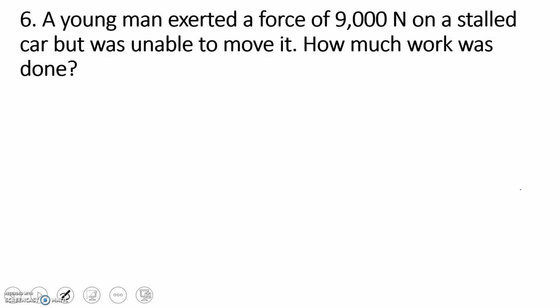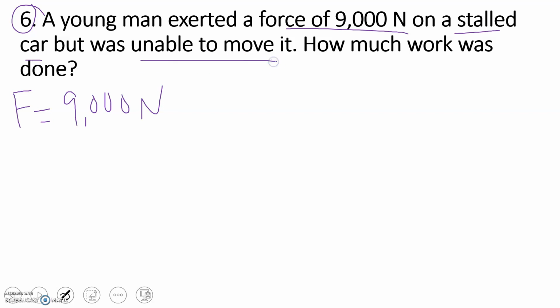Number 6, a force of 9,000 newtons was applied on a stalled car but was unable to move it. So our distance was 0. How much work was done? Work equals force times distance.